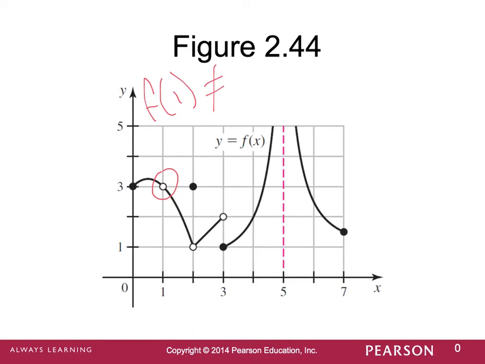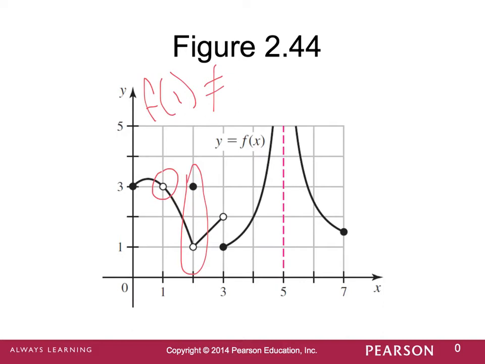If we continue looking at x equals 2, we see that once again, this is a point of discontinuity because, yes, the limit does exist. As x approaches 2, we have a limit of 1. And yes, the function is defined. f of 2 is 3, but the limit does not equal the function at that point. So therefore, we have a point of discontinuity.